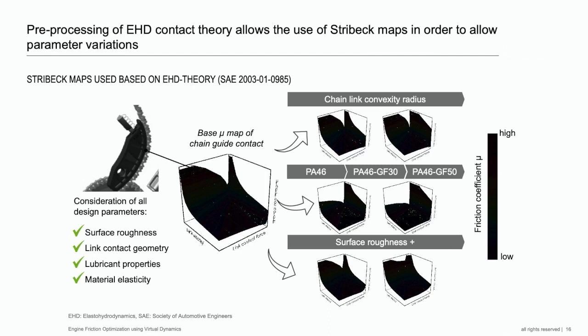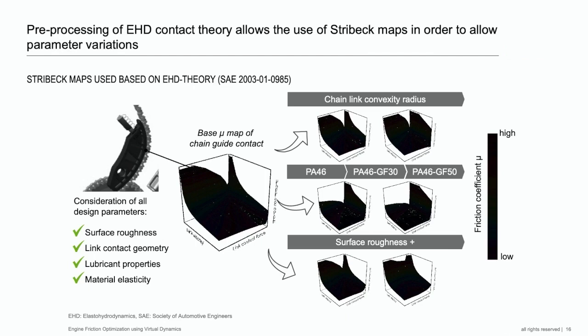These Stribeck maps can on the one side be calculated using EHD simulations in some kind of pre-processing, or they can be obtained by reviewing some EHD theory that considers also surface roughness, link contact geometry, lubricant properties, and material elasticity as impact factors on the friction coefficient map.